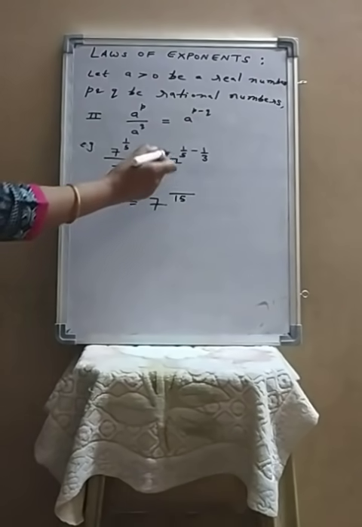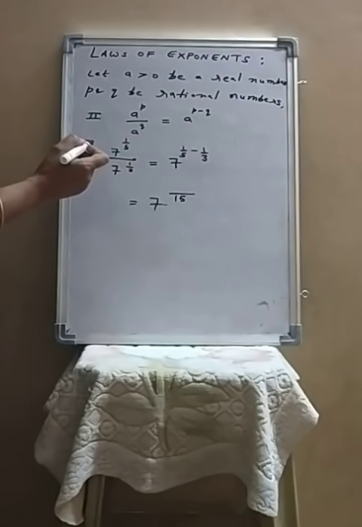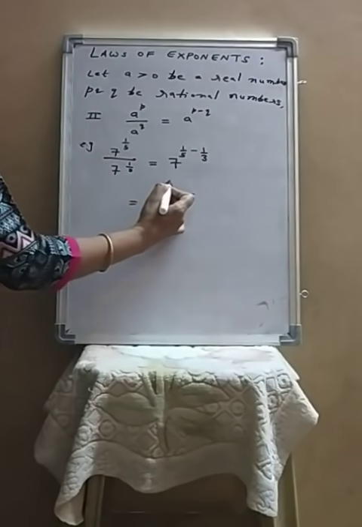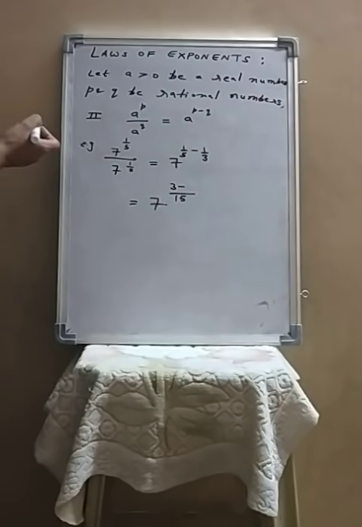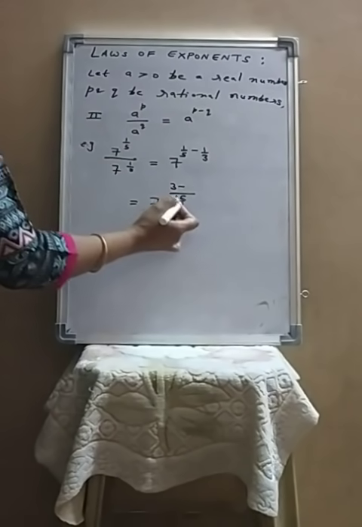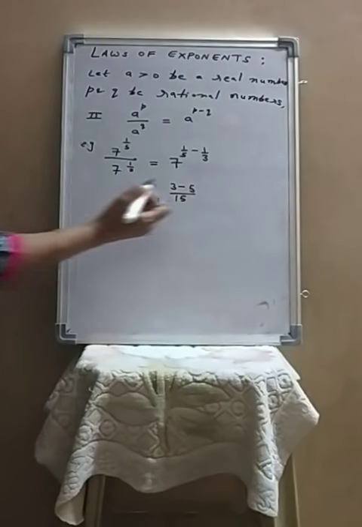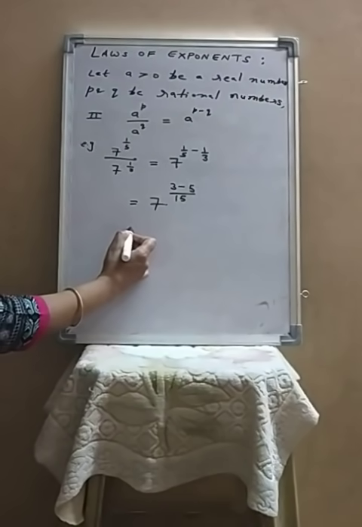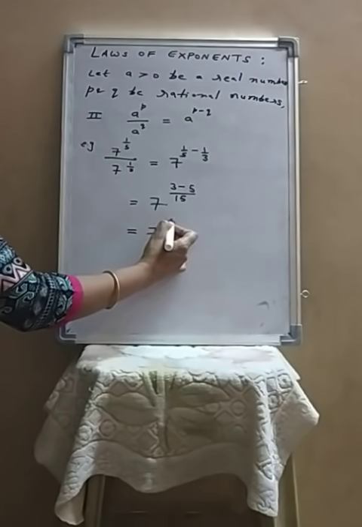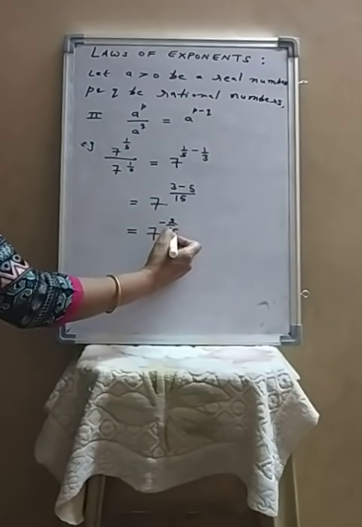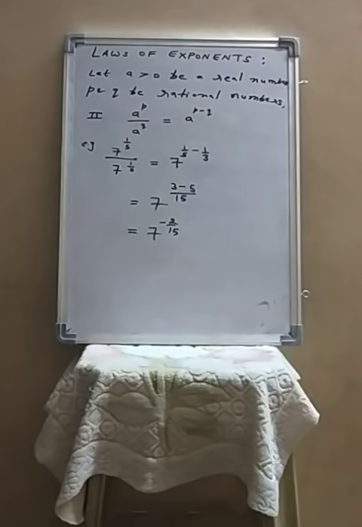Now here 15 divided by 5 is 3. So I get 3 here minus 15 divided by 3 is 5. And 5 multiplied by 1 is again 5. So this is 7 raised to the power minus 2 by 15. After subtracting, we are getting this.